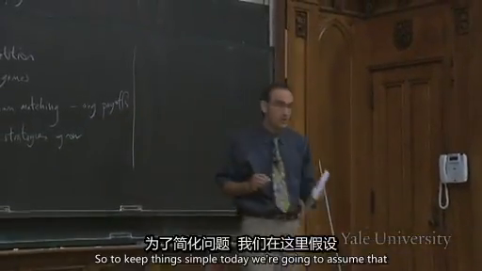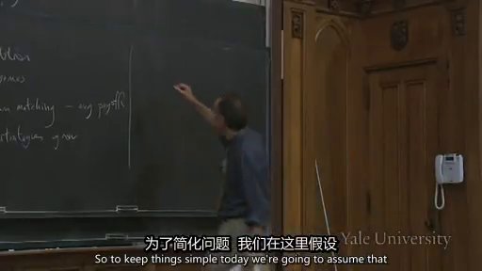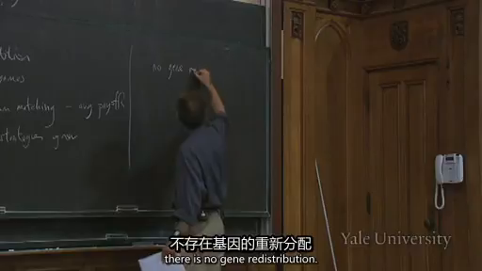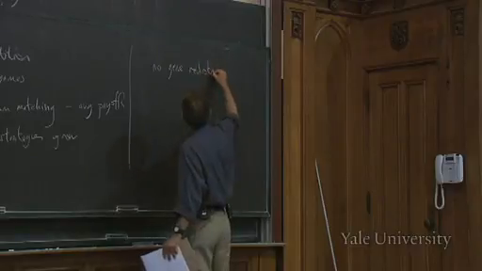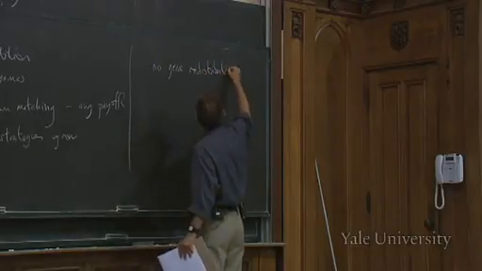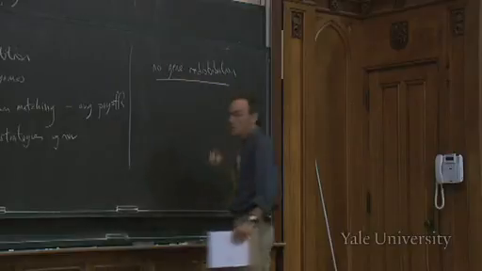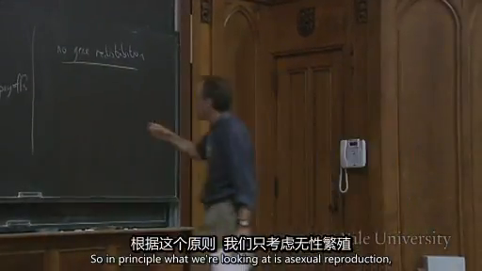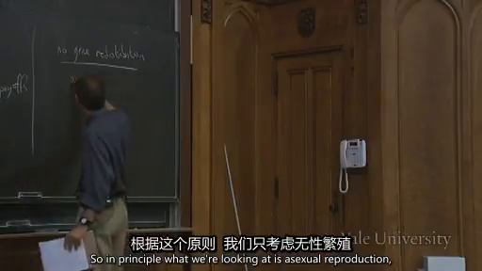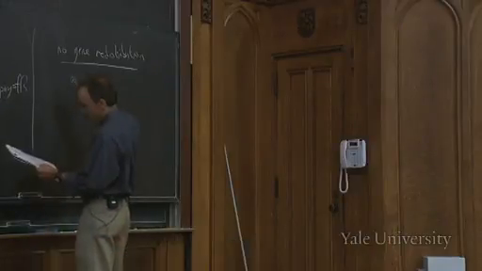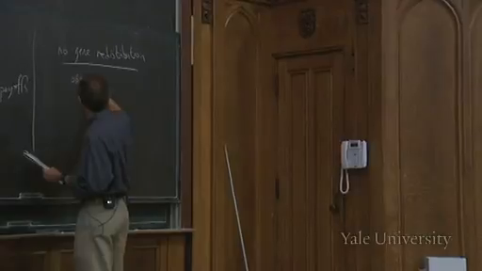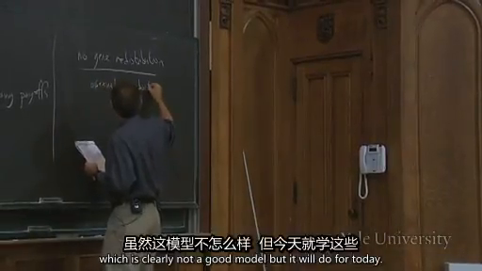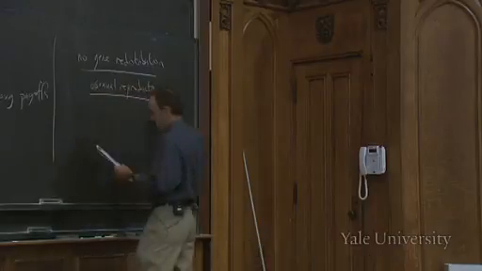To keep things simple today, we're going to assume that there is no gene redistribution. So in principle, what we're looking at is asexual reproduction, which is clearly not a good model, but it will do for today.